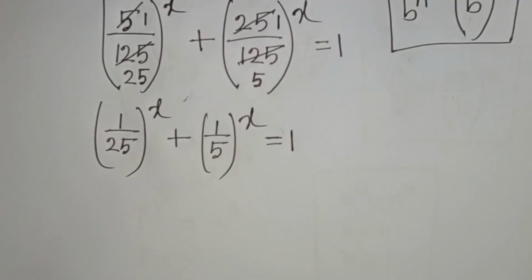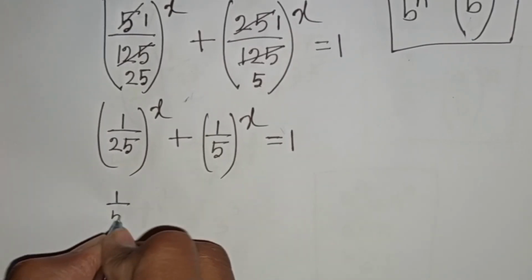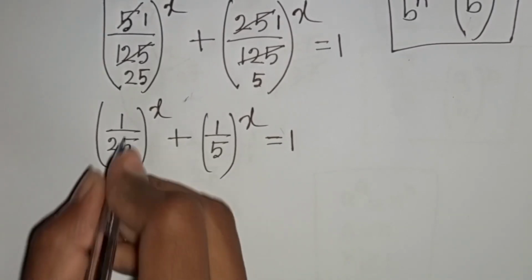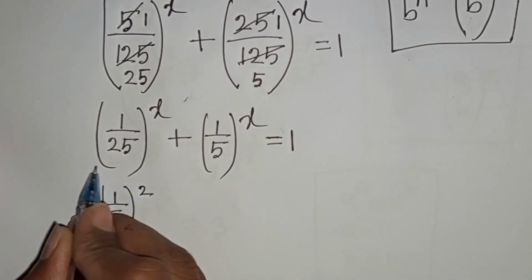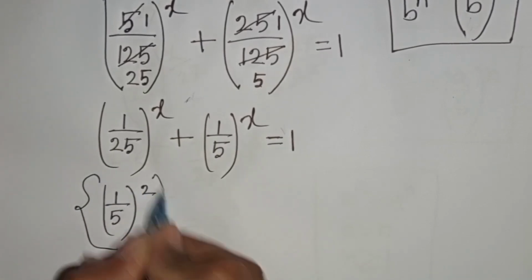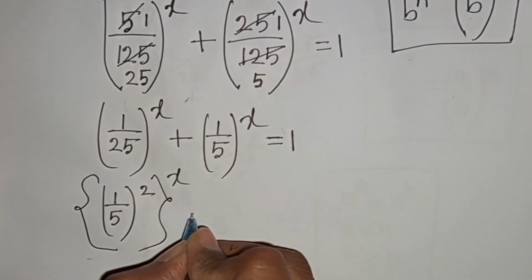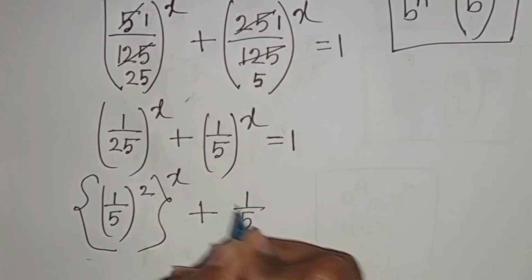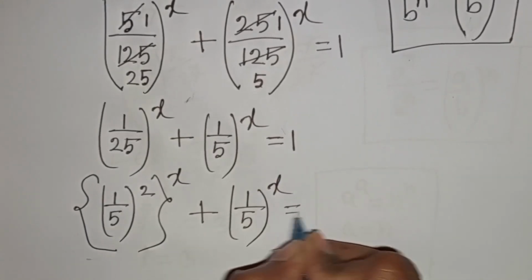Now 1 by 25 can be written as 1 by 5 bracket power 2. 1 over 5 square is the same as 25. Then this first bracket can be written as second bracket, then power of x plus 1 by 5 bracket power x is equal to 1.